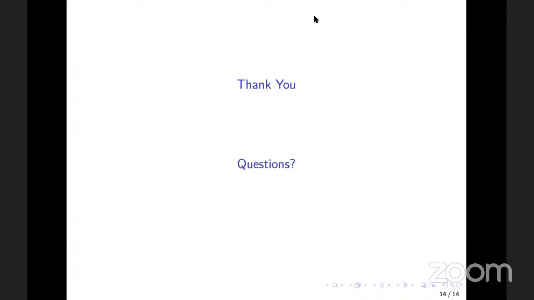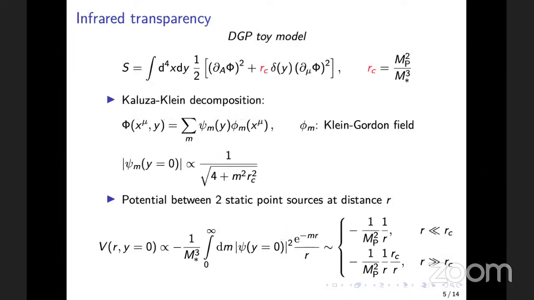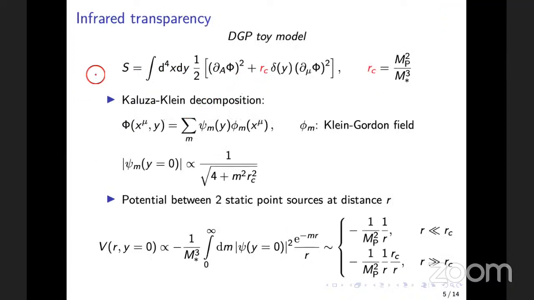You have actually used a scalar field which you embed. I have seen in the DGP model there is an extra dimensional term, which is the kinetic energy, and there is a localized term with a brane, delta function. Now my question is, how do you ensure that the scalar field is stabilized?